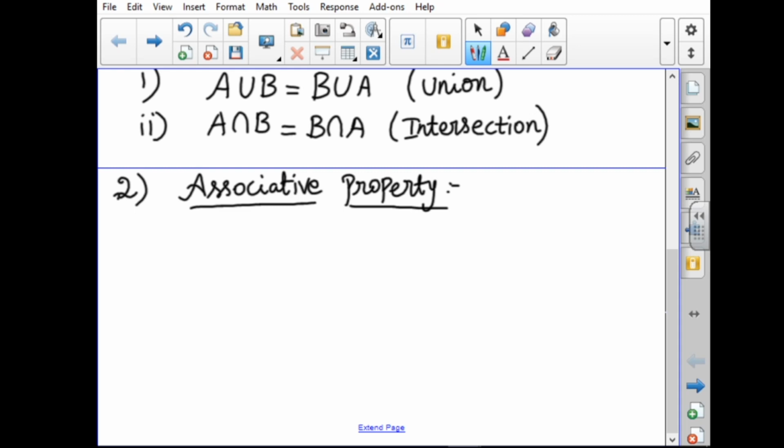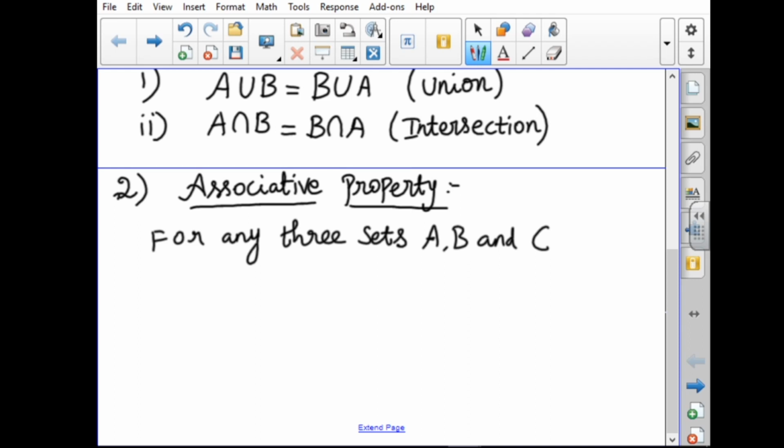For any three sets A, B and C, for the associative property also we have two subdivisions.